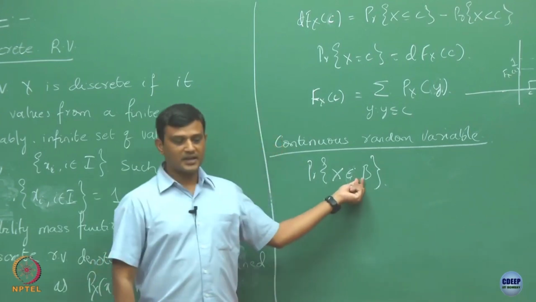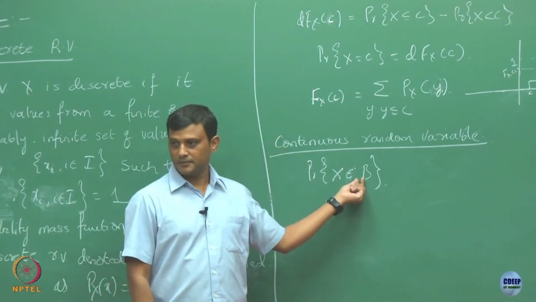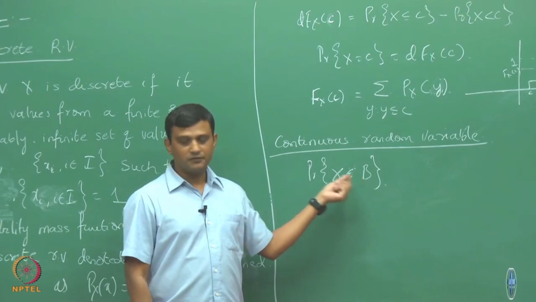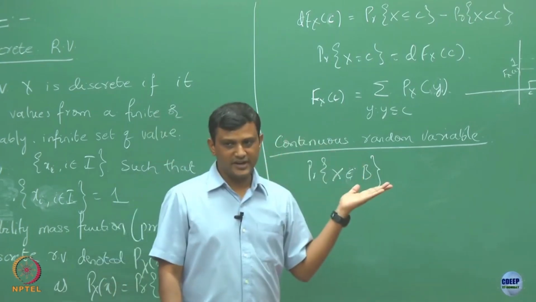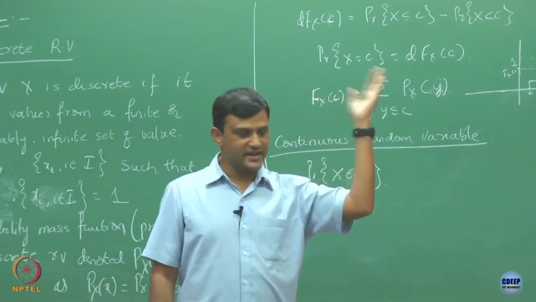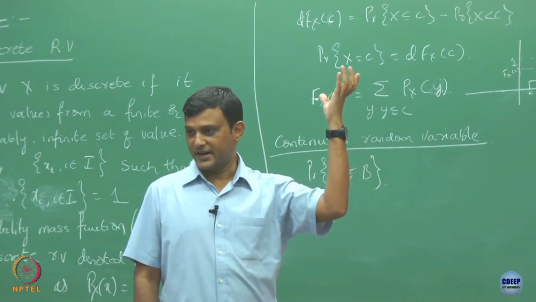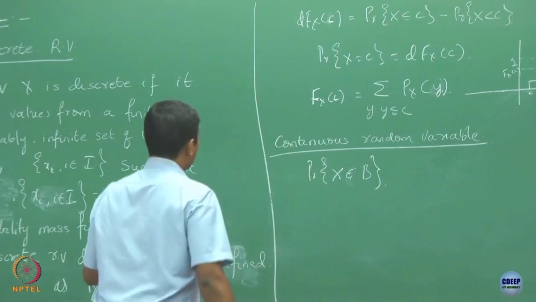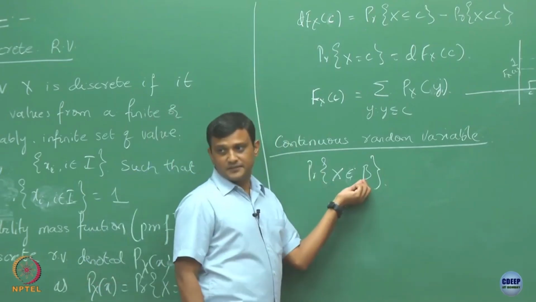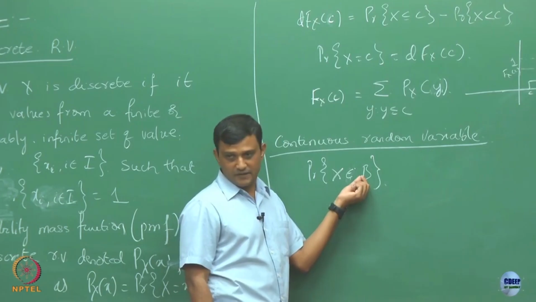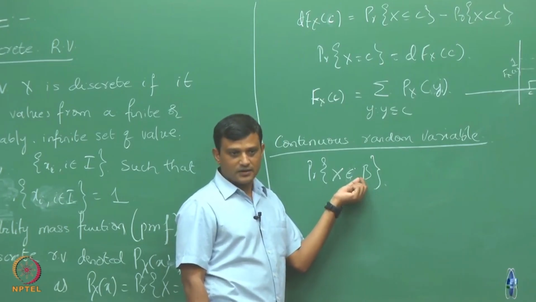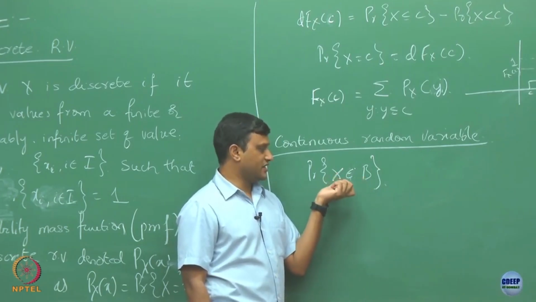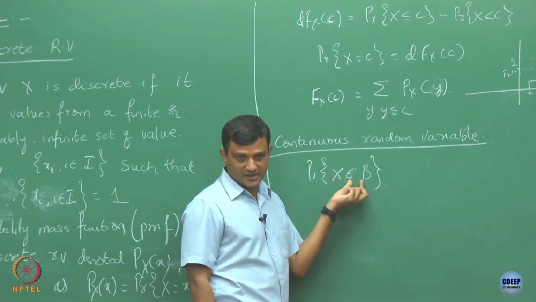B is some subset of the real numbers. Now if x is a continuous random variable, I expect it could be taking any positive number, right? It's not like it can only take some finite or countably infinite number of values. But now let's say this B is some interval or whatever set. Now I want to ask this question: what is the probability that x belongs to that set B?